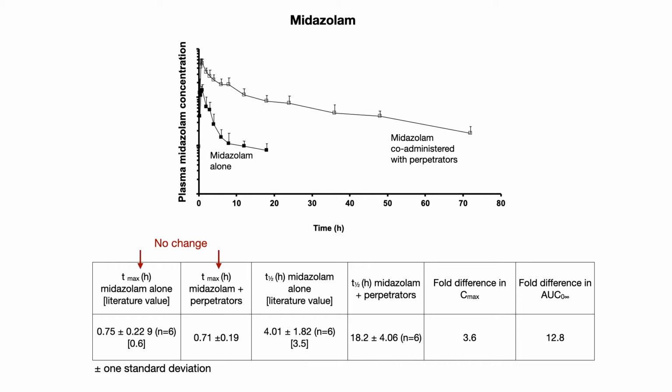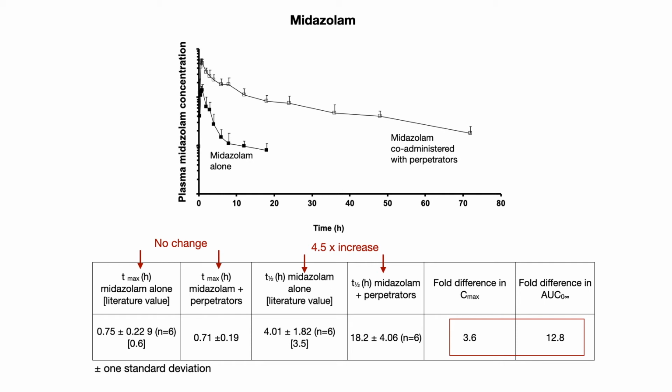So first of all, Tmax, no change. The Tmax wasn't affected by the perpetrators. But the half-life was very significantly increased. There was a 4.5-fold increase in half-life caused by the perpetrators.